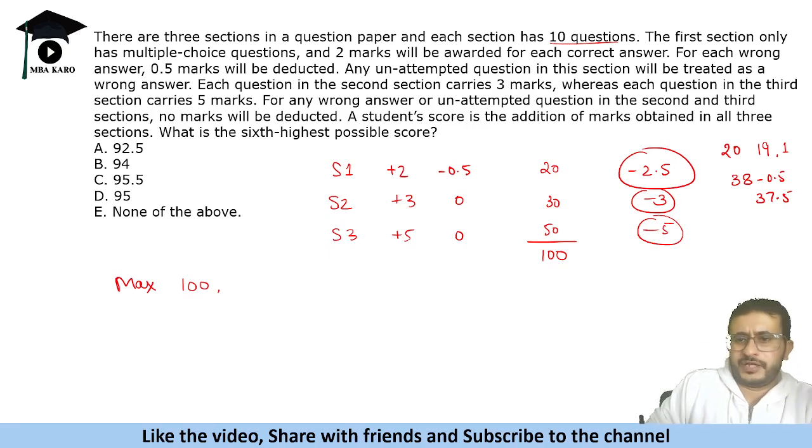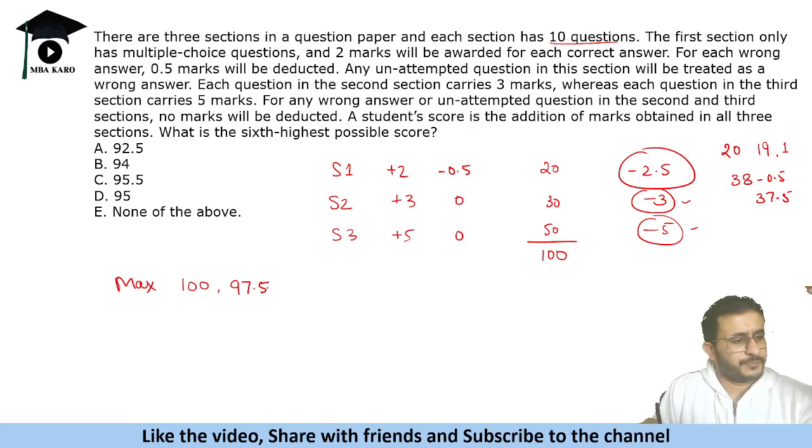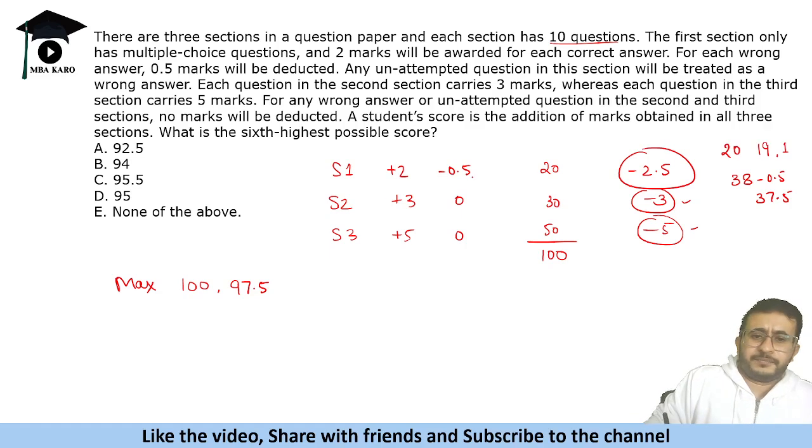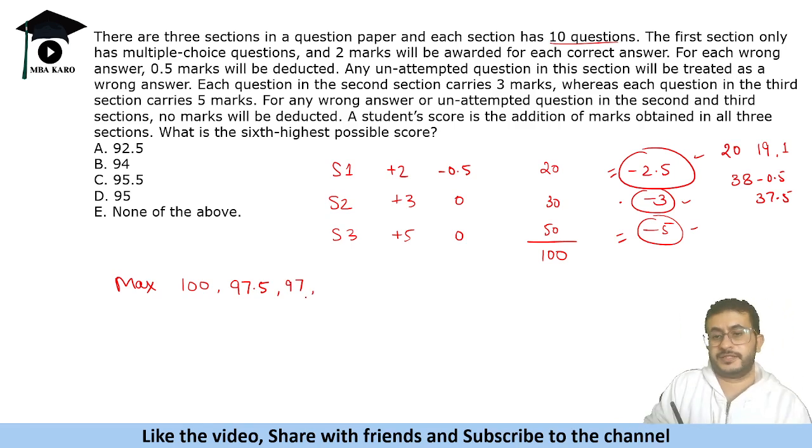Now suppose a student gets all these correct and loses 2.5 marks here. So that person can score 97.5. Okay. Now if that person gets all correct here and all correct here but loses 3 marks here, so can have 97 marks. Okay, this is the third highest.